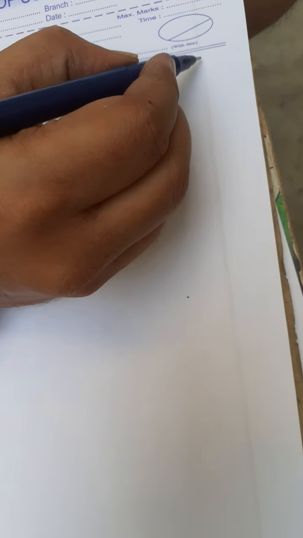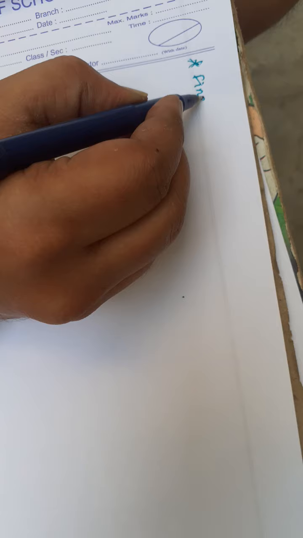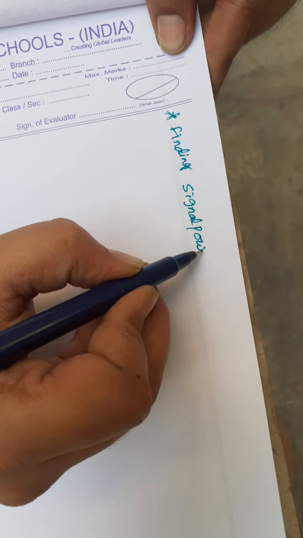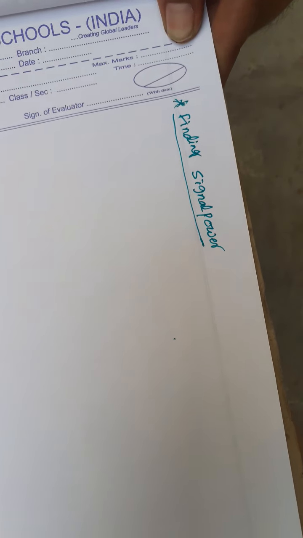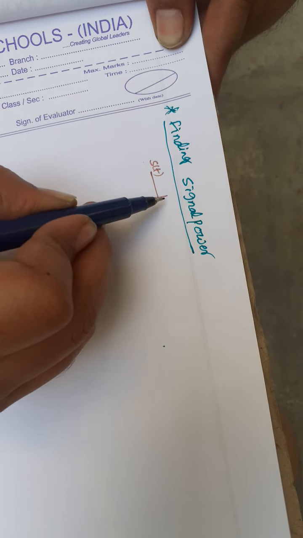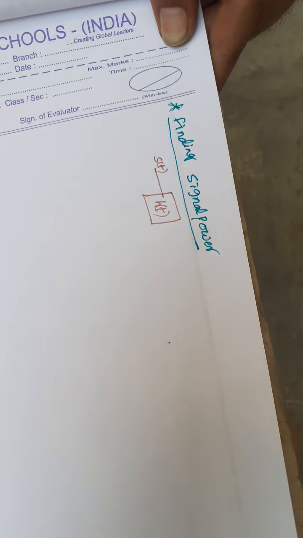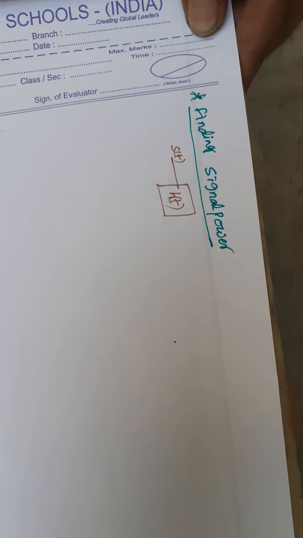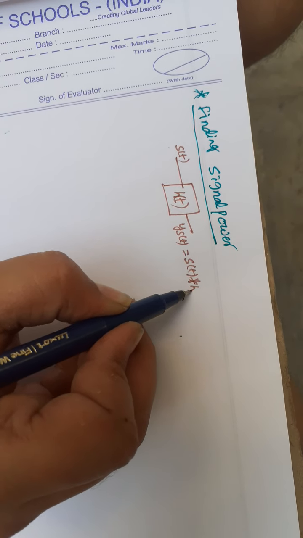Finding signal power: the input signal s of t is passing through the filter h of t, and the signal component Y_S of t is equal to s of t convolved with h of t.